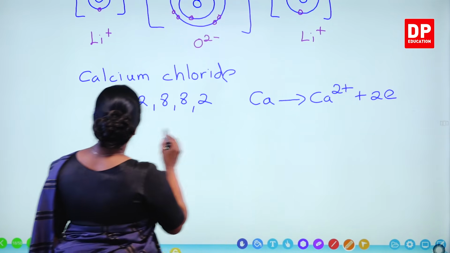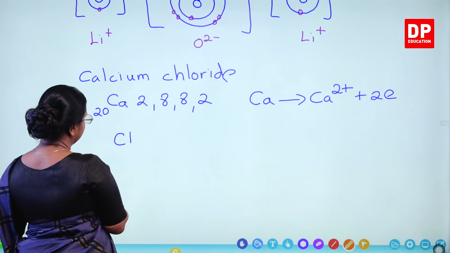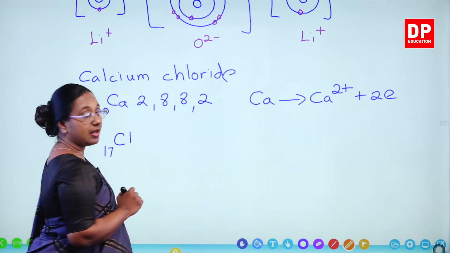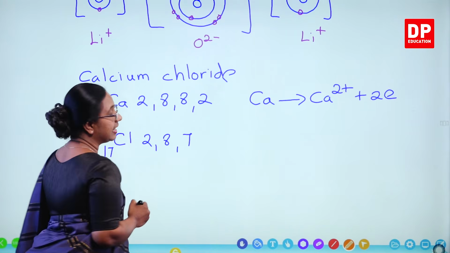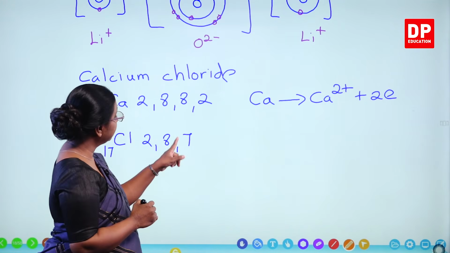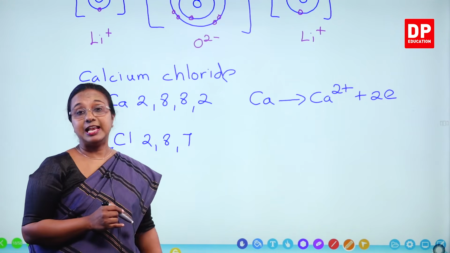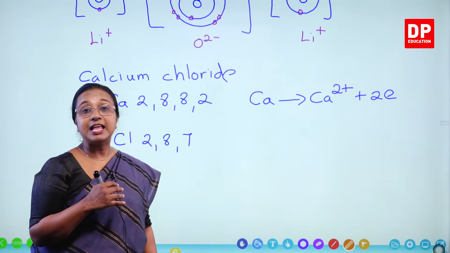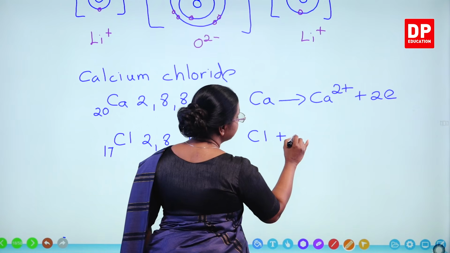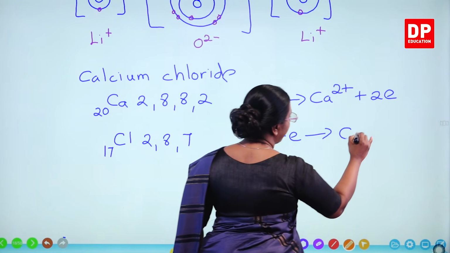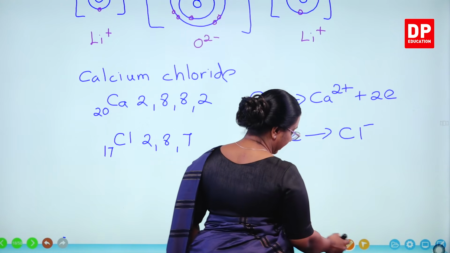At the same time, we have chlorine atom, atomic number 17. So 2, 8, 7 is the electronic configuration. This can take up 1 electron. It is a highly electronegative element. So here 1 chlorine takes up an electron and forms chloride ion.